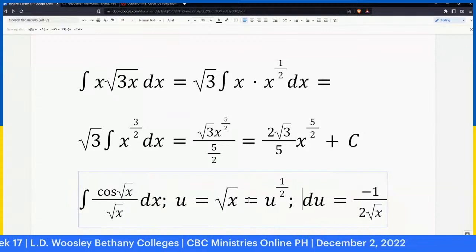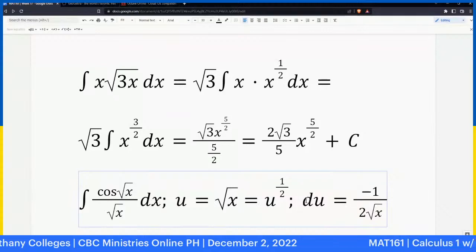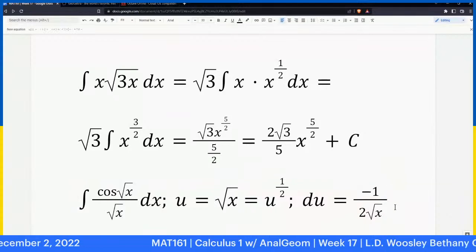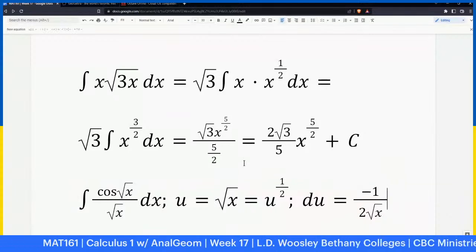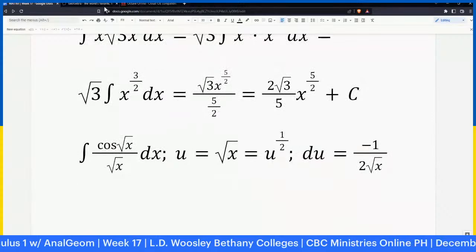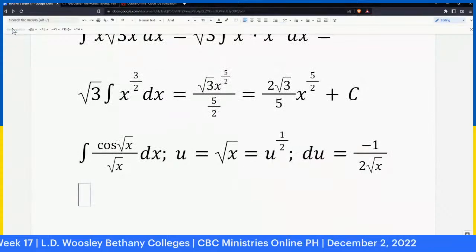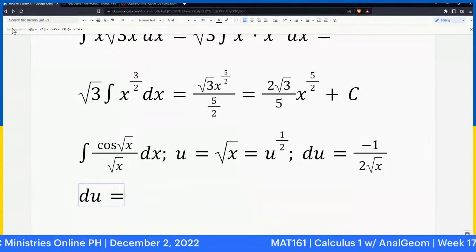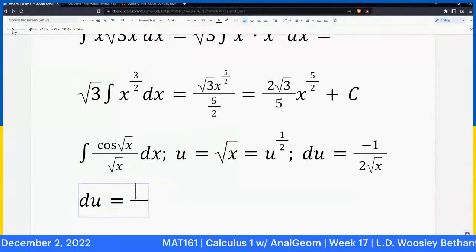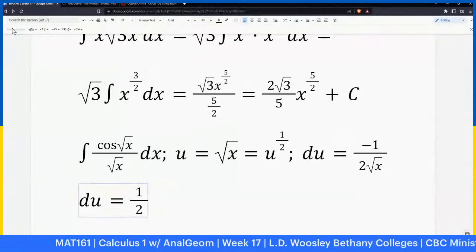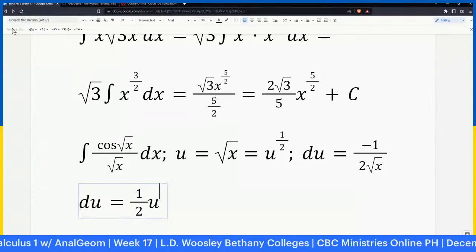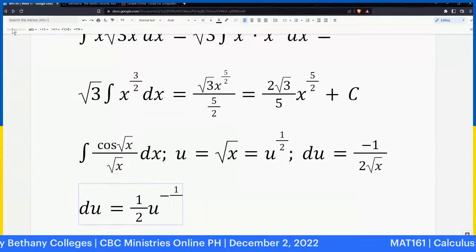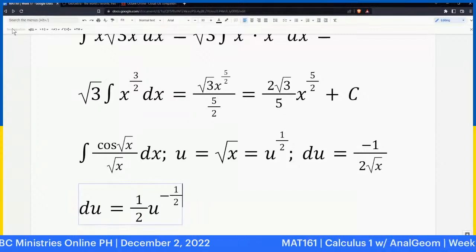So, ang derivative niya, 1 half u raised to negative 1 half all over 1 half.